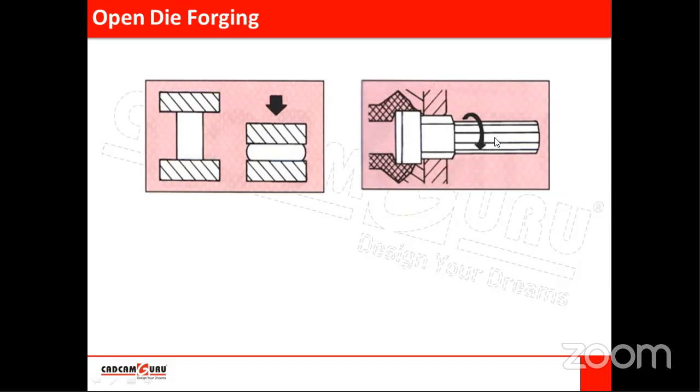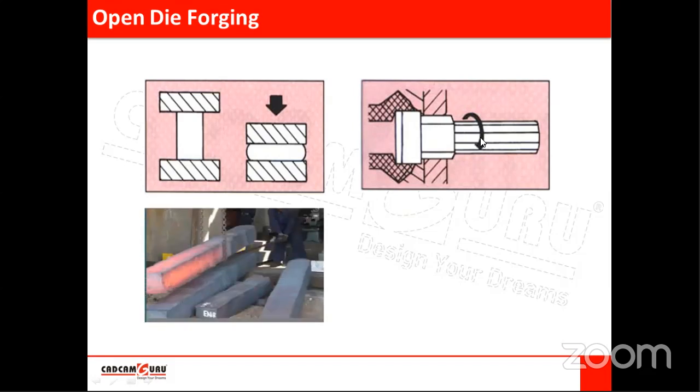For heavy shafts, if the stock material is in a rectangular section, then it is held in some jaw and rotated, and a hammer applies force here while it is rotated continuously. So we can change that rectangular cross section to a circular cross section using this process. This is also called open die forging.